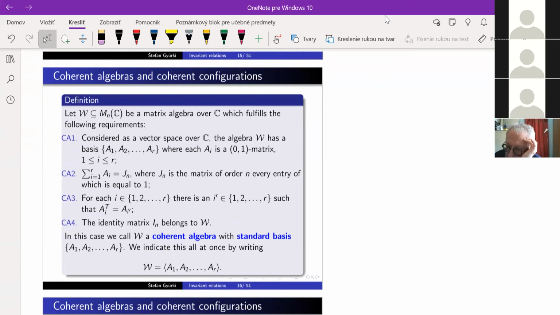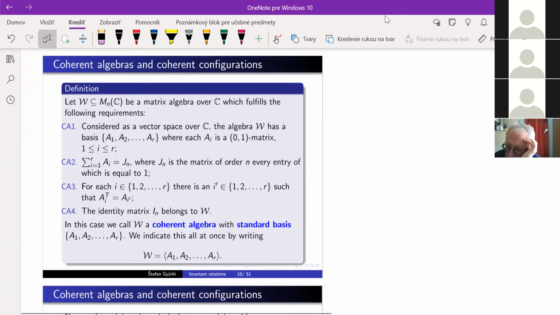And the answer is positive, because in matrix algebras we really have such a structure which carries these properties. This concept is called a coherent algebra, and it is a little bit more general than the concept of the centralizer algebra.